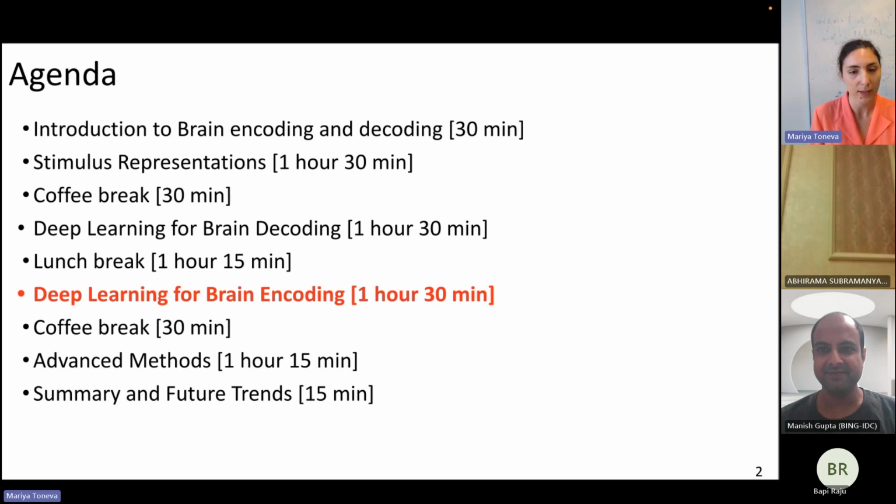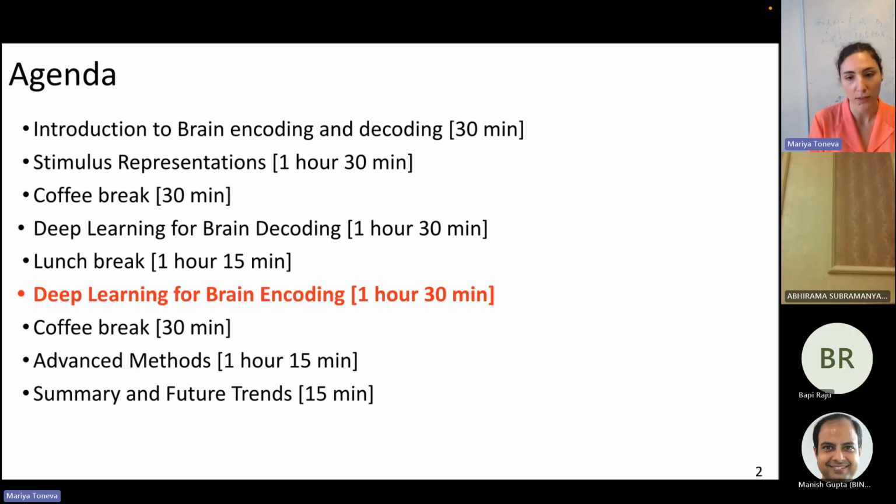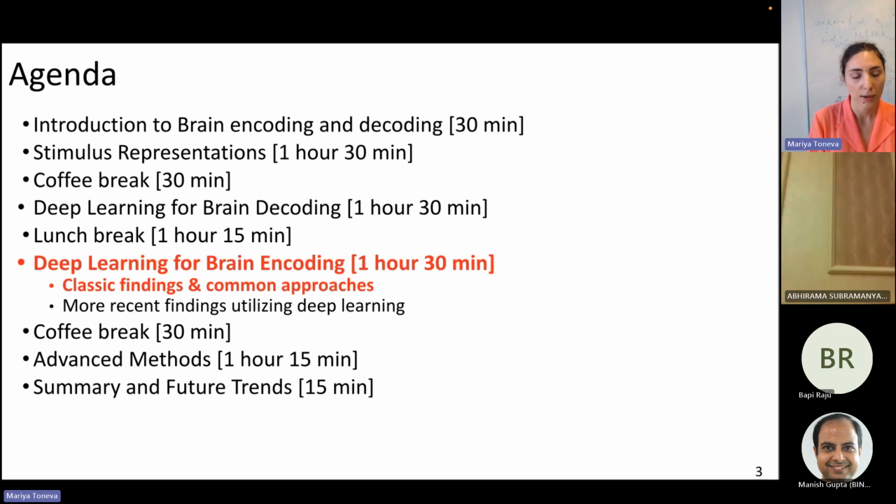So right now, in this afternoon session, the first one we'll be talking about the encoding part. That will be split into two sessions. The first one will be about the classic findings and some of the more common approaches to encoding for learning more about how the brain functions. And then in the second part, I'll be telling you more about some of the more recent findings that actually utilize deep learning.